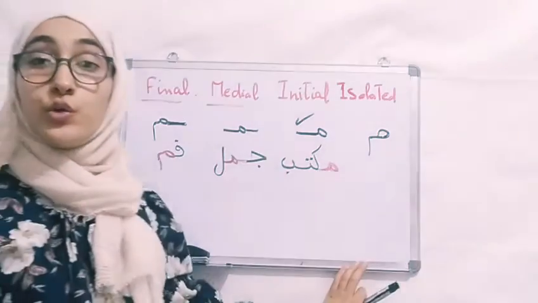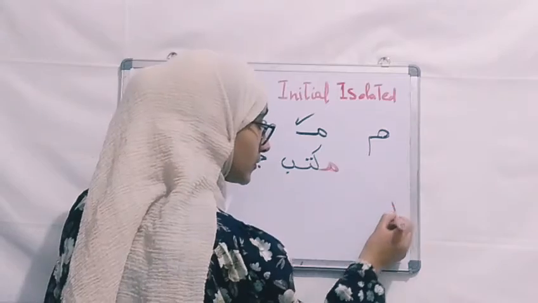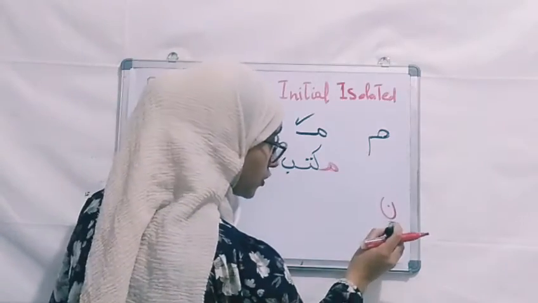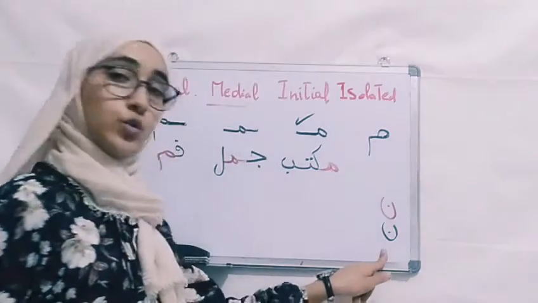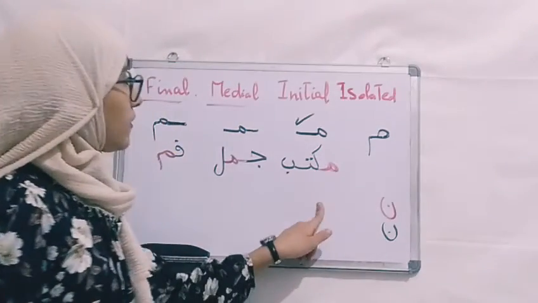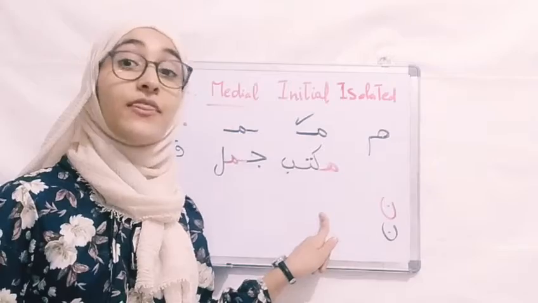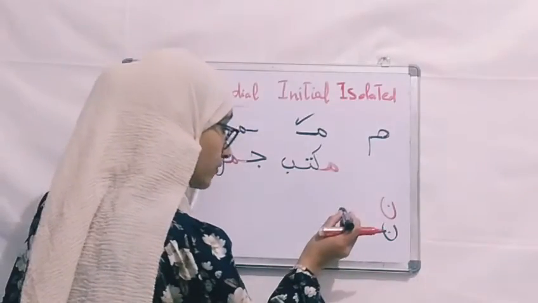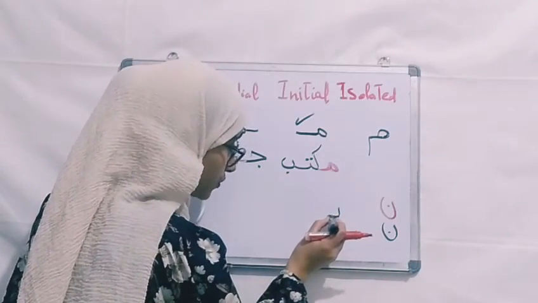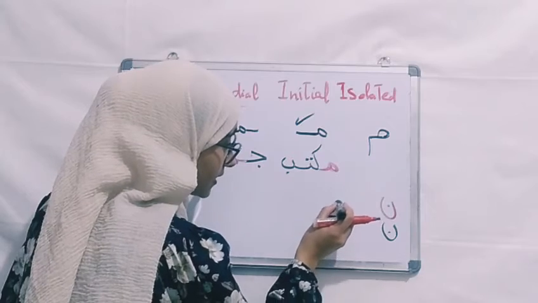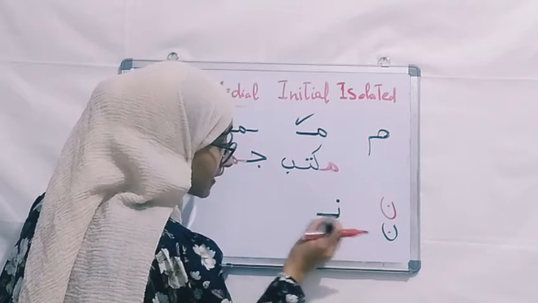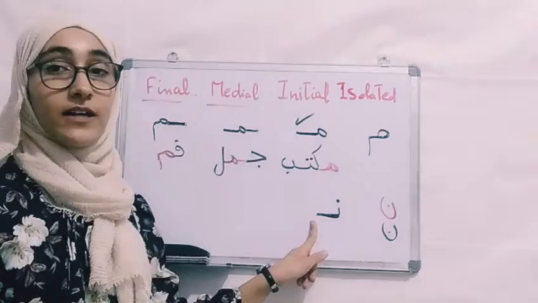Then we have noon, like this. In the initial form, it is the same way as ba, ta, and tha, so it's easier for you to know it. You have to put one dot on top of it. You keep this straight because it needs to be connected to other letters.